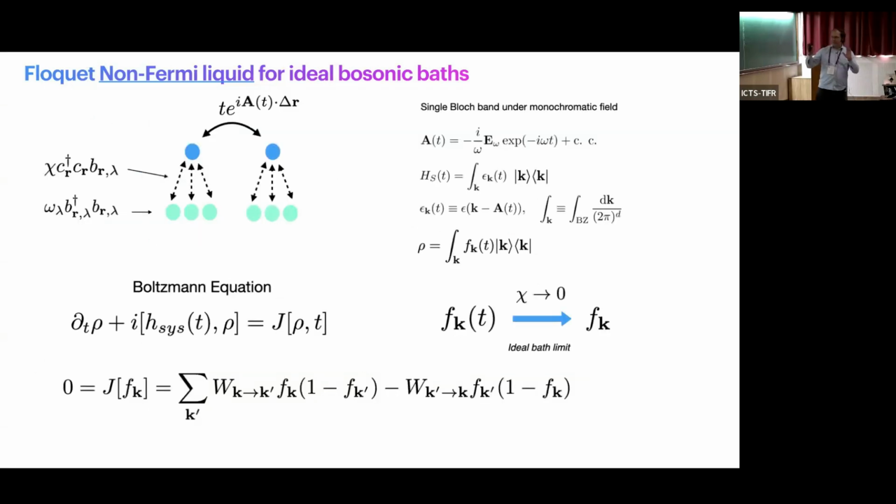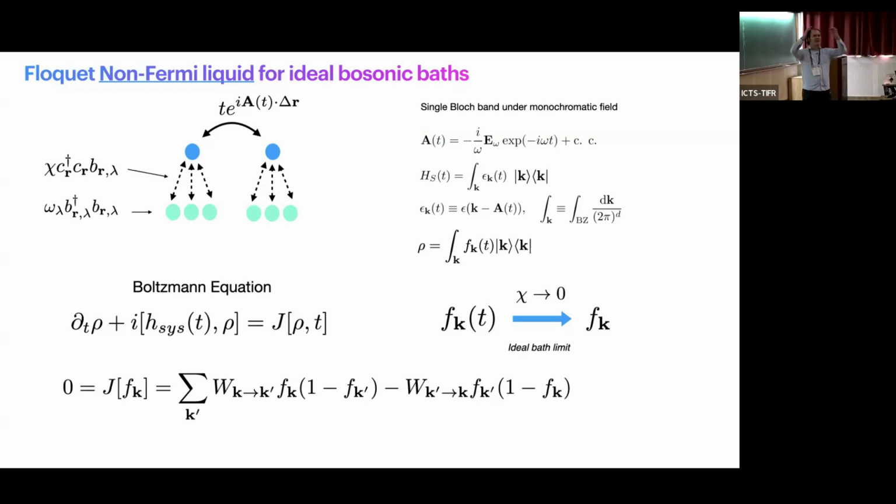And we took that full microscopic Boltzmann equation and we showed that in the limit of weak coupling to the bath, so chi here is the strength of coupling to the boson modes, the solutions of this full Boltzmann equation become time independent in the crystal momentum basis.